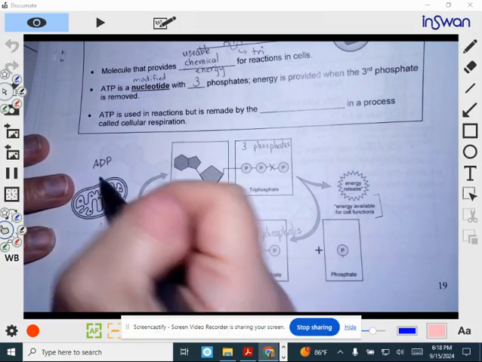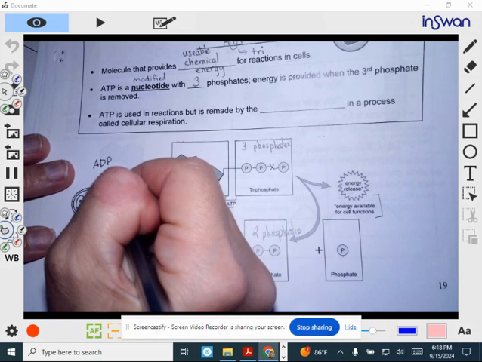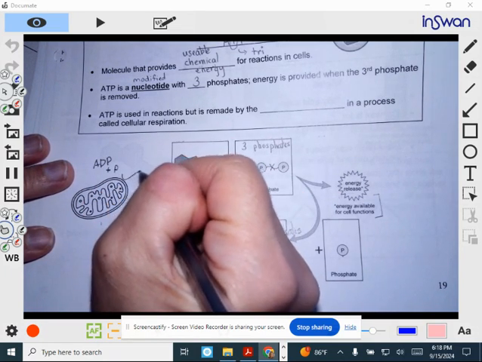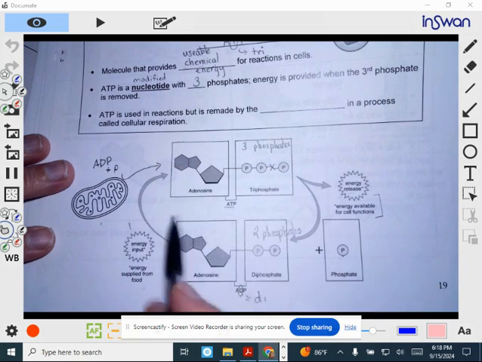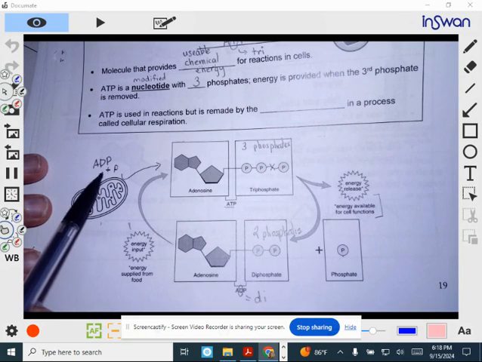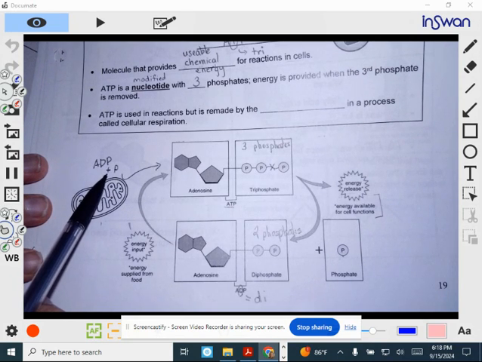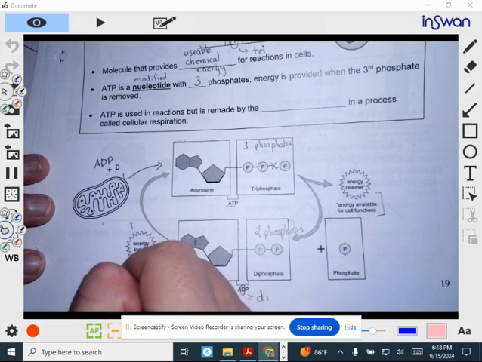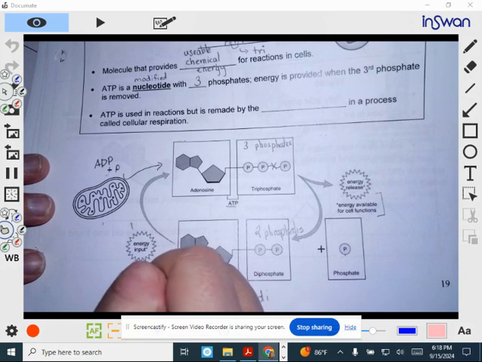Really, all that mitochondria does is it takes ADP, puts a phosphate back on it, and then makes that ATP back for the cell to use. But for this reaction to take place, that mitochondria needs to get some energy somewhere. And that energy comes from food, specifically glucose.